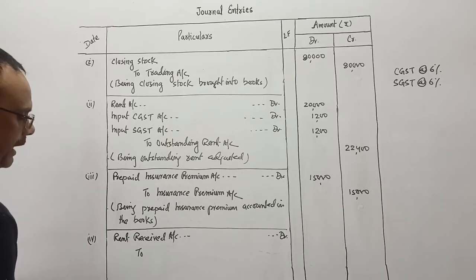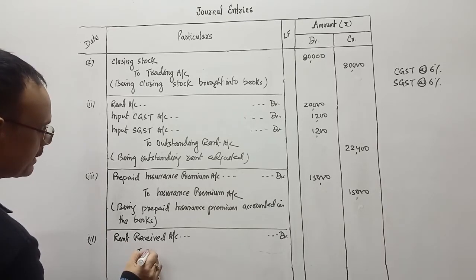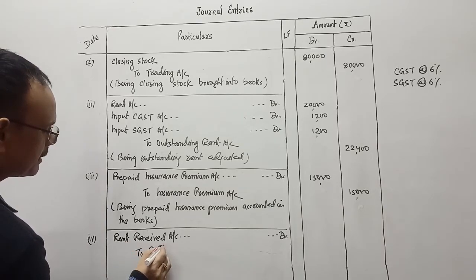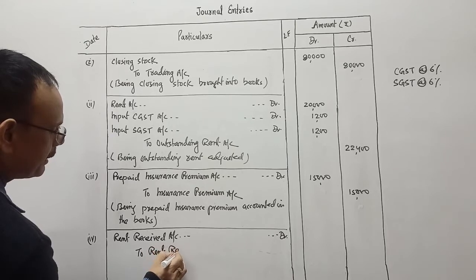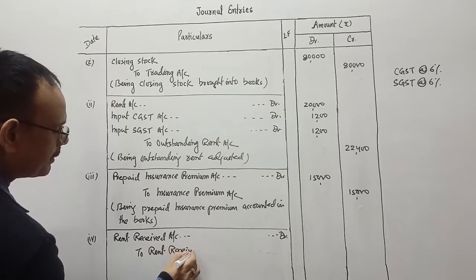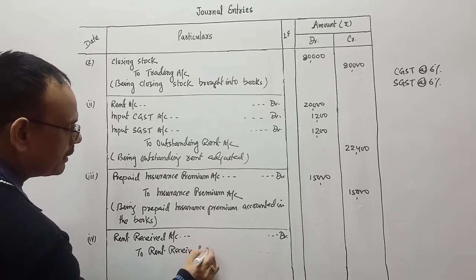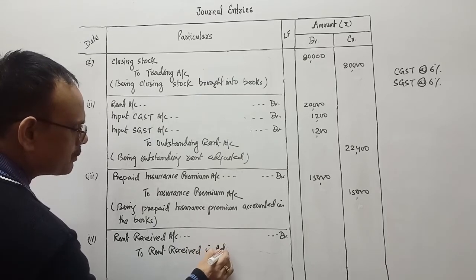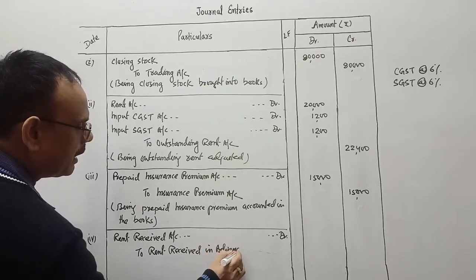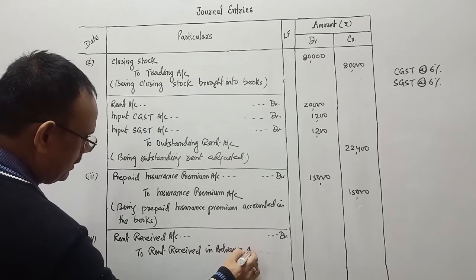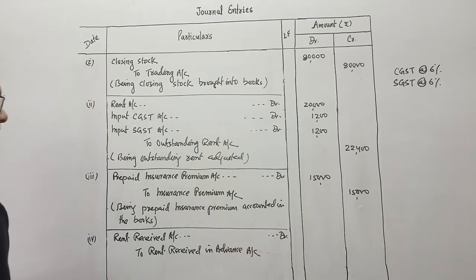Credit rent received in advance. This is also known as unearned rent.